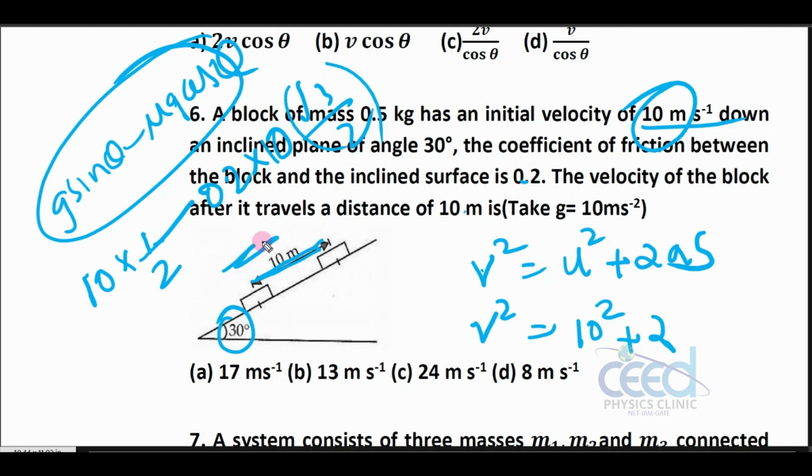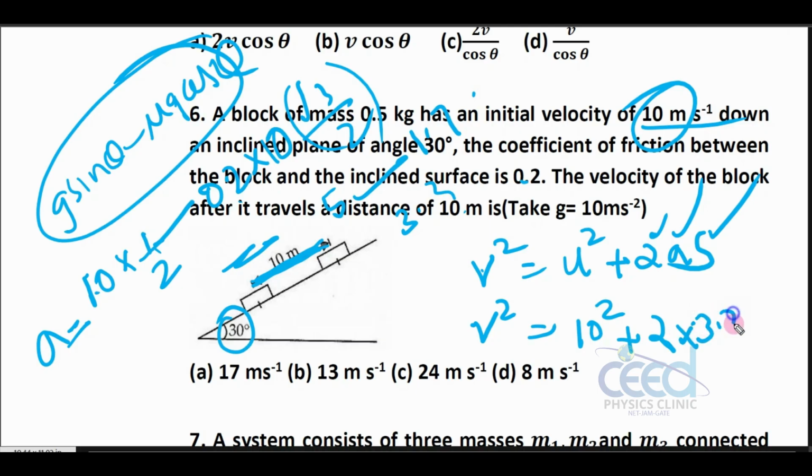Now by solving you get the acceleration, and s is given as 10. The acceleration value is 5 minus, 2 by 2 cancel, root 3 is approximately 1.7, so 5 minus 1.7 is approximately 3.3.